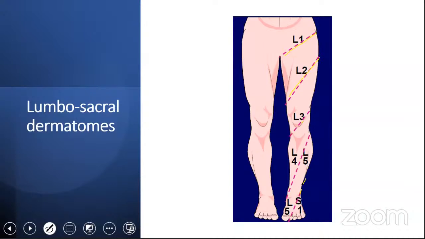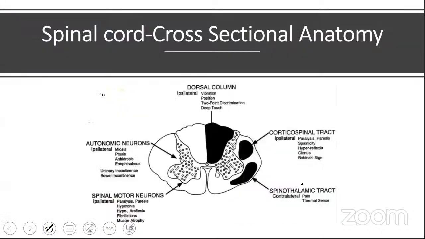Their sensory loss is complete in their distribution. We should know the distribution of dermatomes and also the nerves. That's important. So you see that cross section, the dorsal columns which are ipsilaterally conducting vibration, position sense, two-point discrimination and deep touch to the brain.